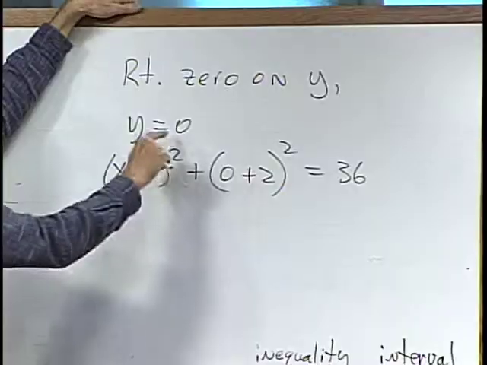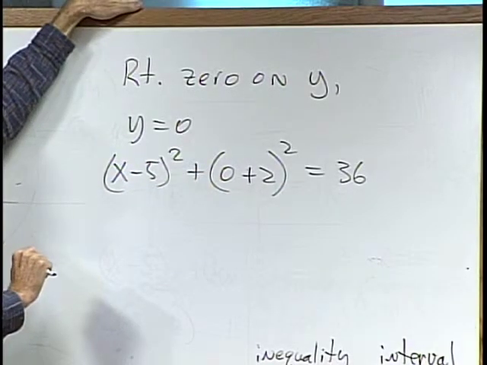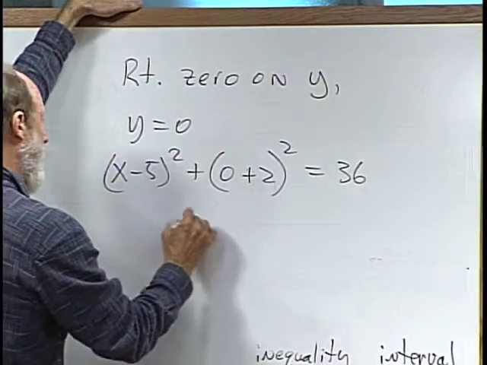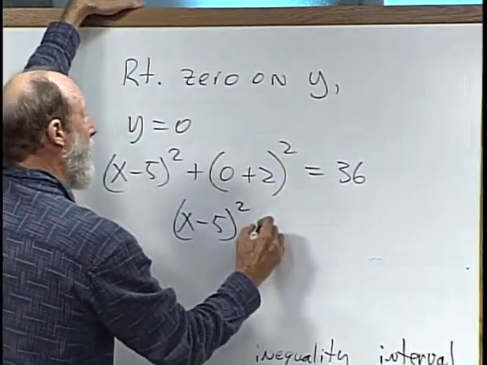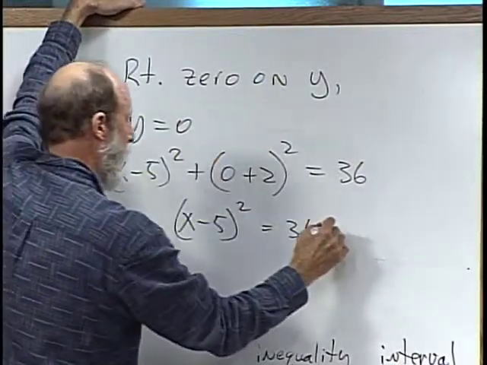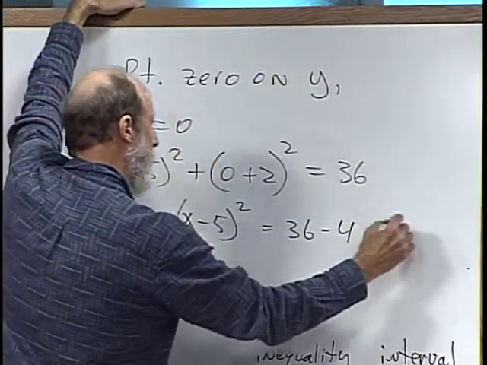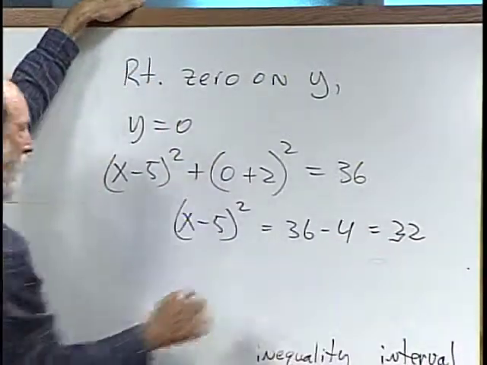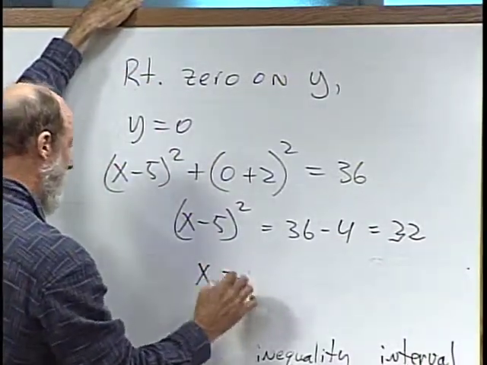There's our circle with y equals 0. Feel good? So we get (x - 5)² + 4 = 36. Move the 4 to the other side: minus 4 is 32. Sorry for my messy writing.